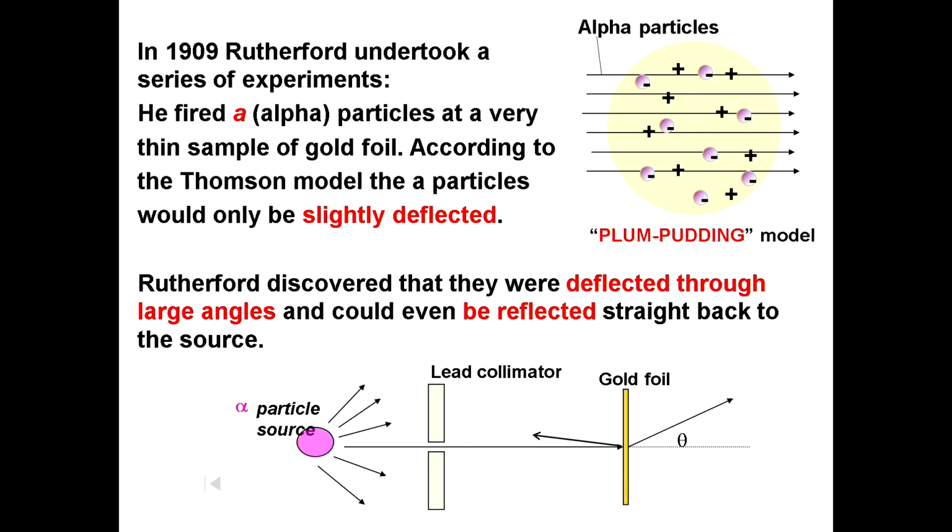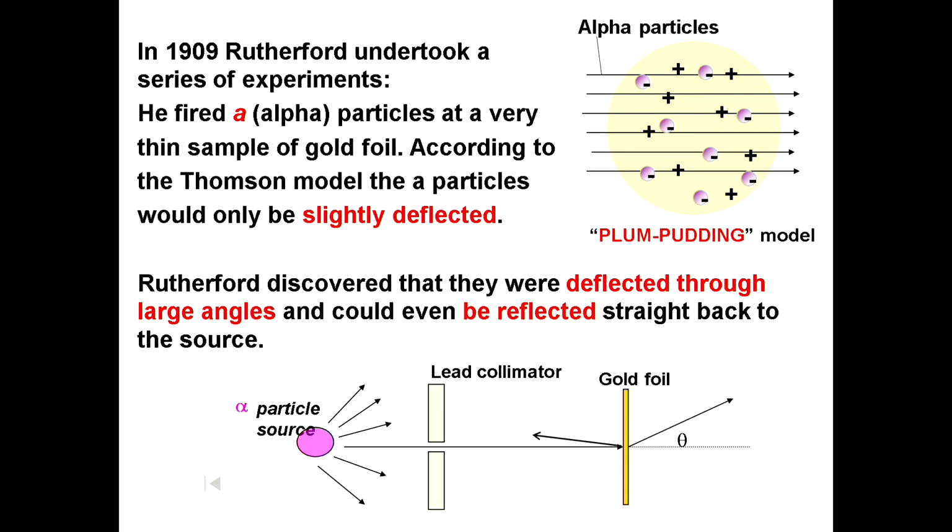So why? Because according to the plum pudding model, the density of the atom everywhere is similar. Because it states the atom is a positive ball that also includes some negative electrons, the density everywhere is similar.